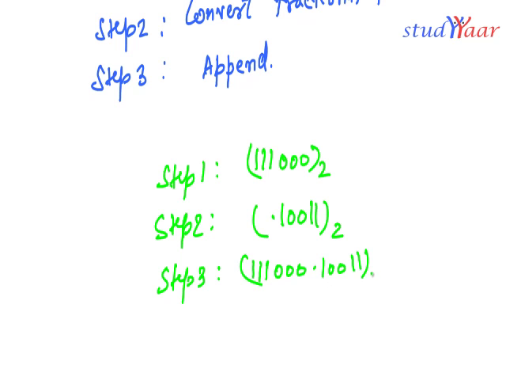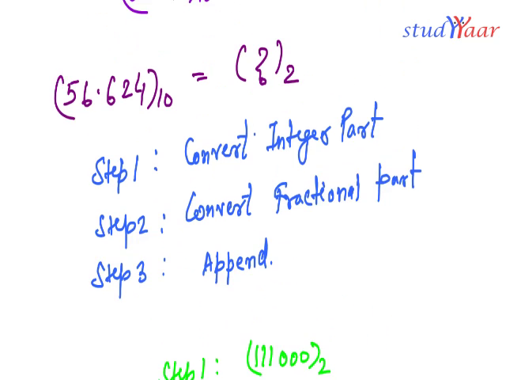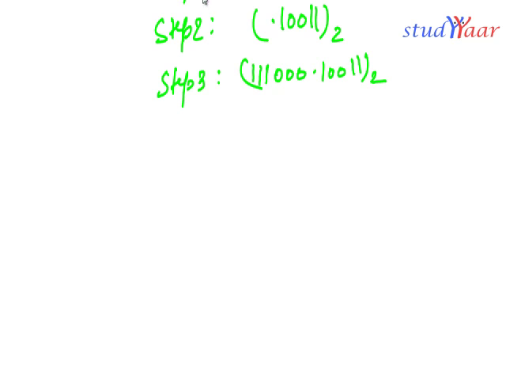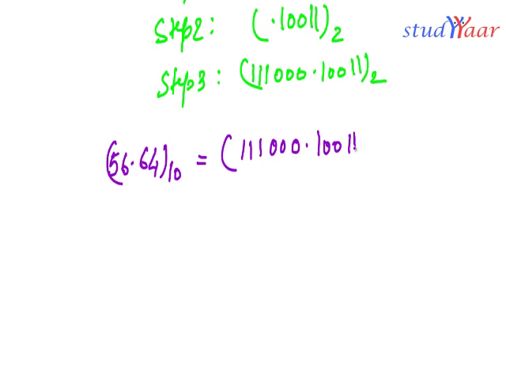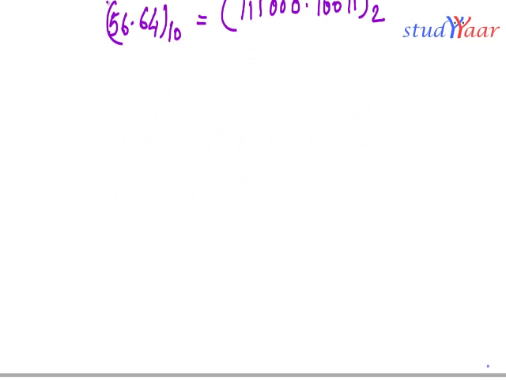So this is the equivalent number that we are talking about. 56.64 in decimal is equal to 111000.10011 in binary.